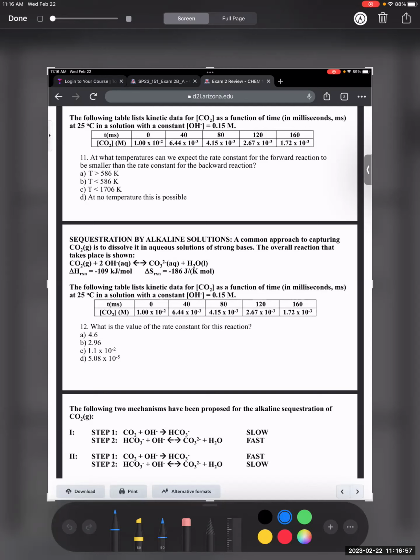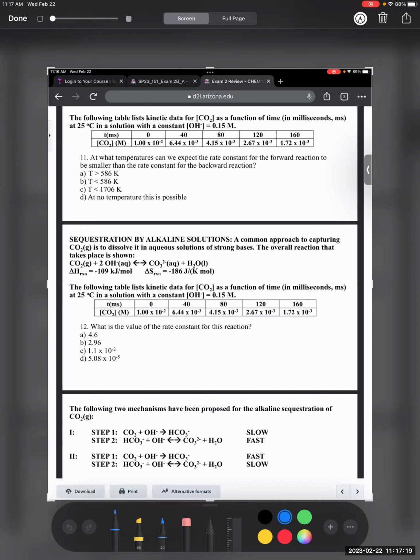Anyway, at what temperatures can we expect the rate constant for the forward reaction to be smaller than the rate constant for the backward reaction?